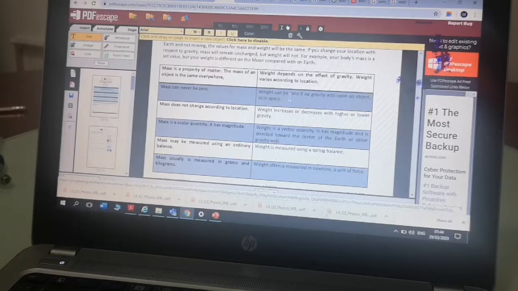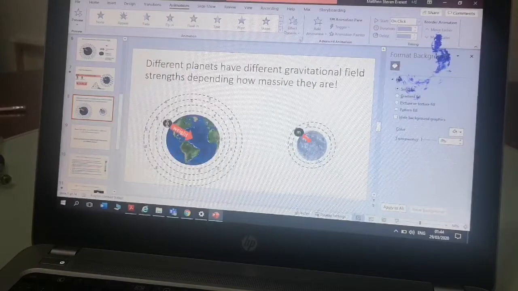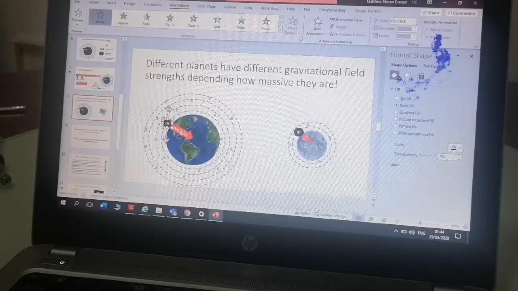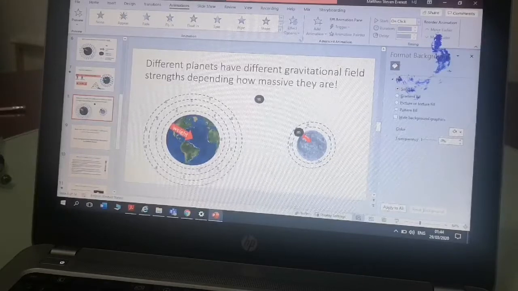Whereas you can have an object which has no weight. It sounds strange, but imagine we take the object out of the field, right? Let's get this mass and put it over here. Well, now there's no gravity, so there's no weight.